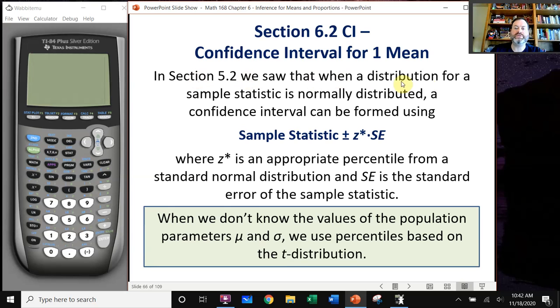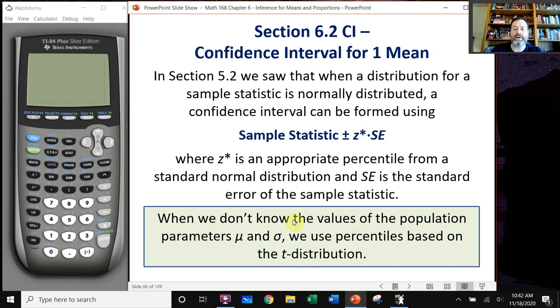All right, so in section 5.2, we saw that when the distribution for the sample statistic is normally distributed, the confidence interval can be formed using this. But what we just saw is that we don't know z star, because z star is based on a normal distribution. And the normal distribution we can only really have if we know mu and sigma.